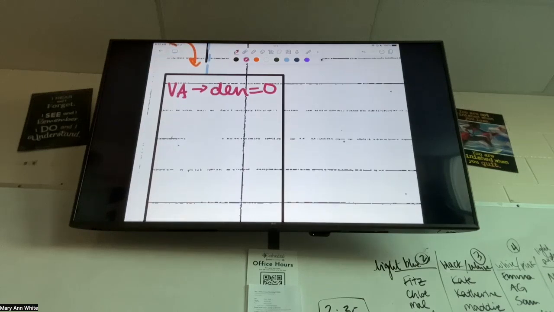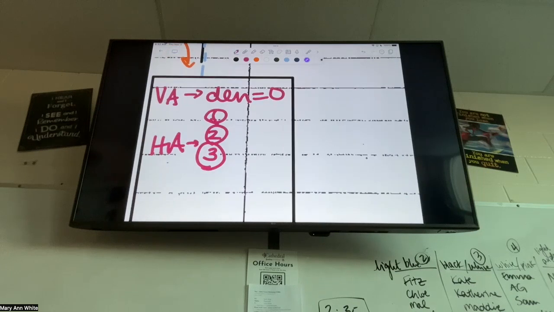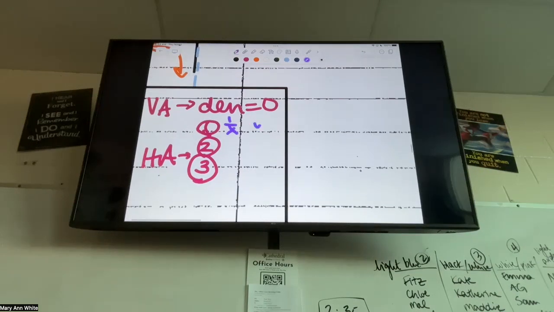Now horizontal asymptote, there's 3 different options for that one. I don't know if you'll remember as we do them, but there's one of them we do most often. Your options here: if you have 1 over x, or the denominator has a bigger exponent, then your horizontal asymptote is just y equals 0.